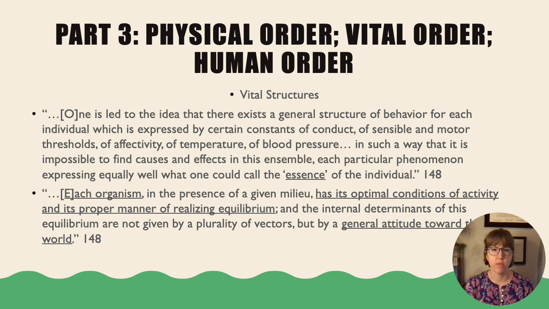Okay, I'll just read the next quote here. Each organism in the presence of a given milieu has its optimal conditions of activity and its proper manner of realizing equilibrium. So it has consistent traits, properties, things about it that determine how it realizes equilibrium.